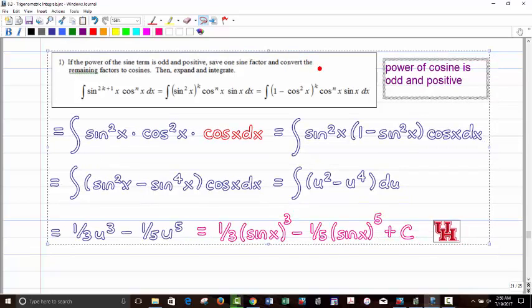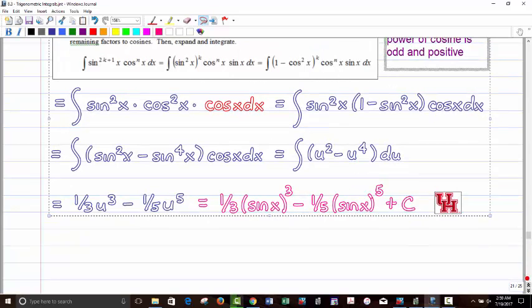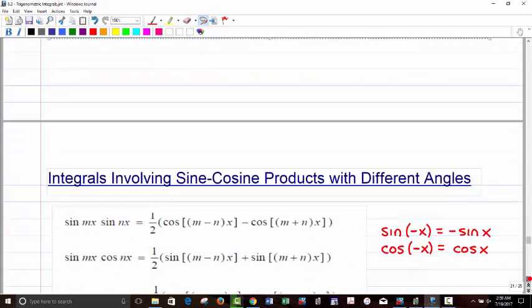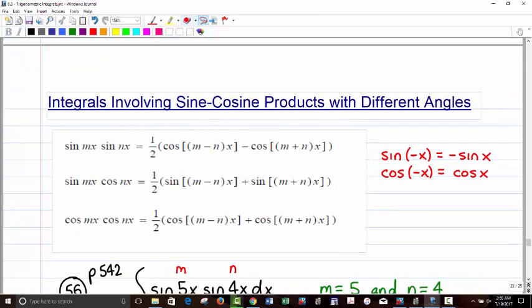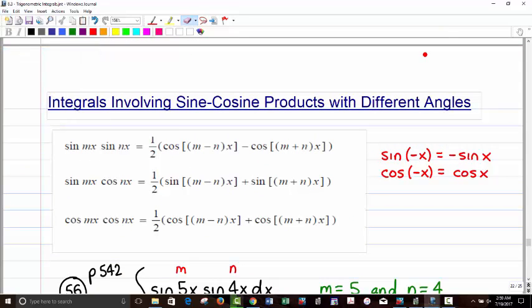All right, so let's look at a new technique here. Integrating sine cosine products with different angles. These are all going to be raised to the first power here.